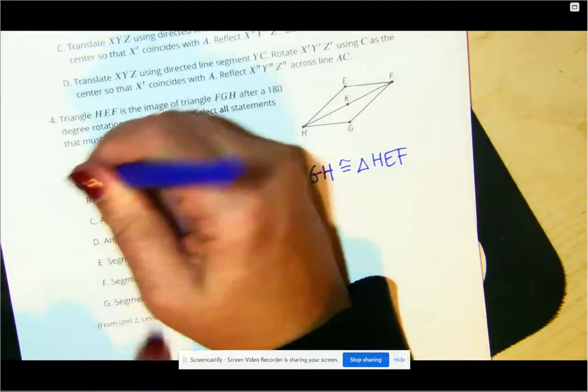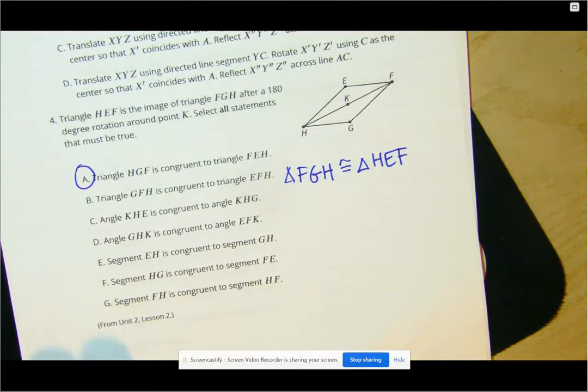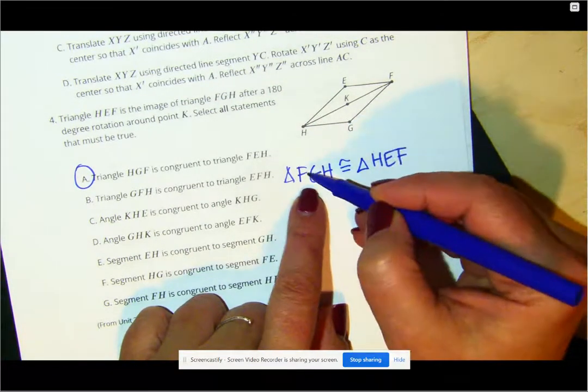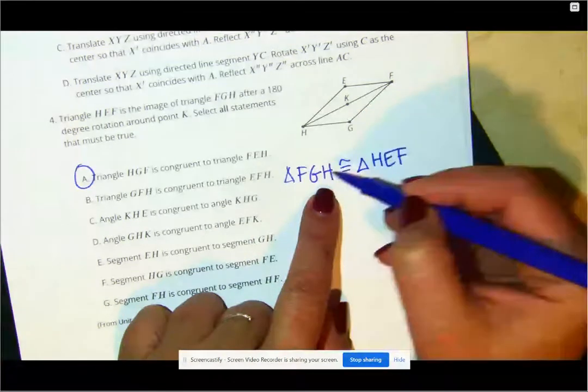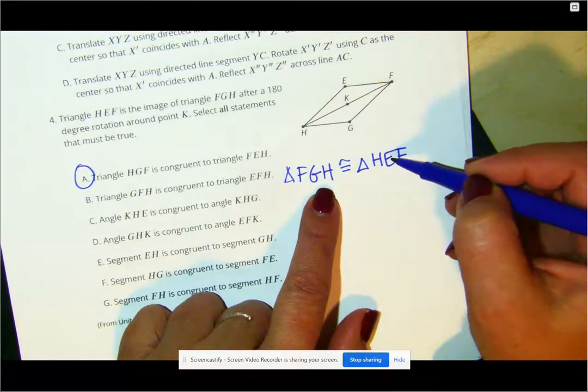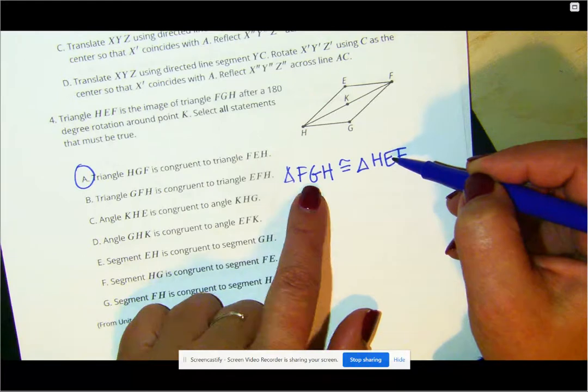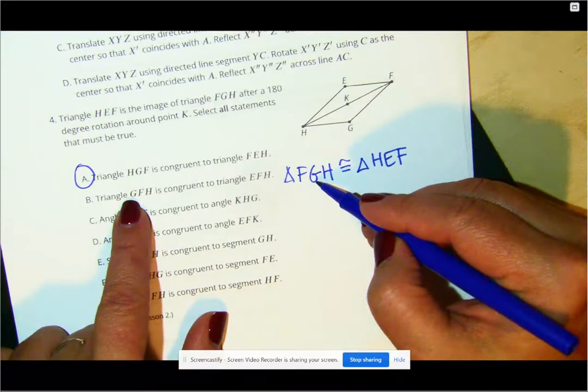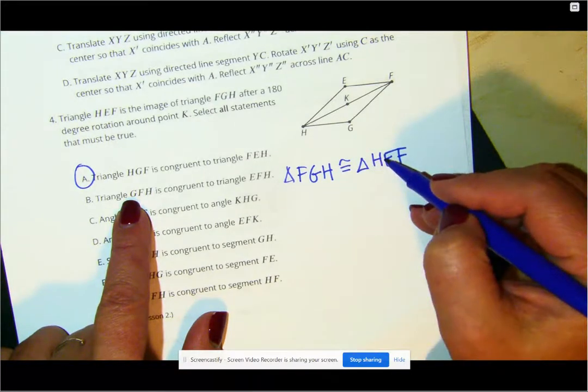Yes, they just reversed the order. GFH is to, E would have to be first, wouldn't it? Because G corresponds to E. The first one on the next one would need to be E. No.